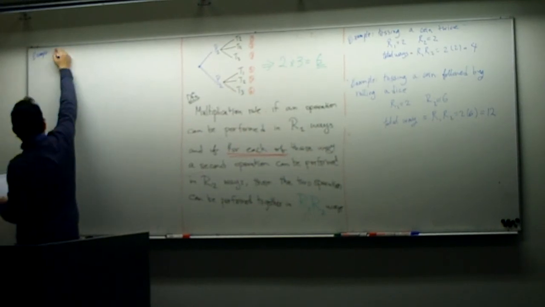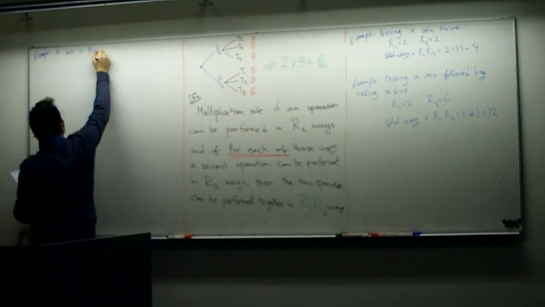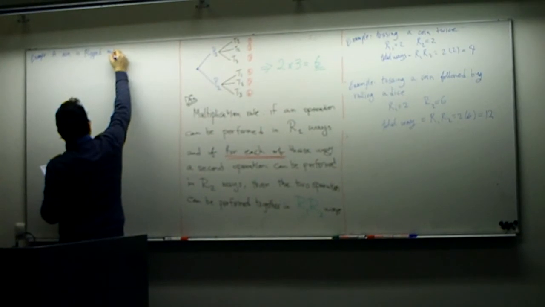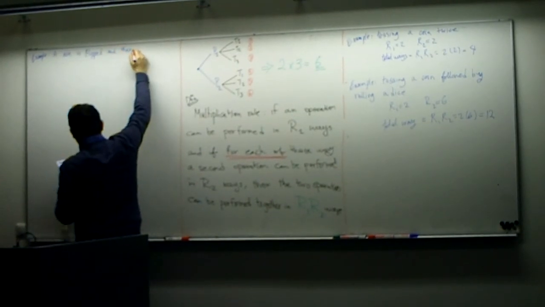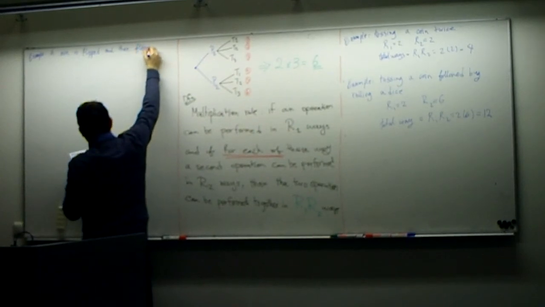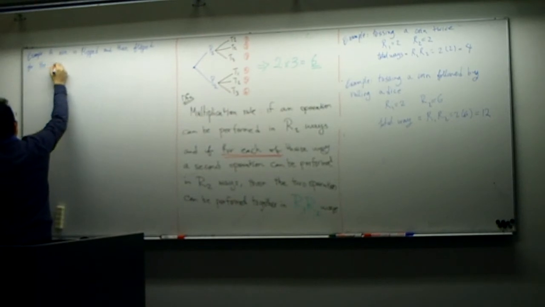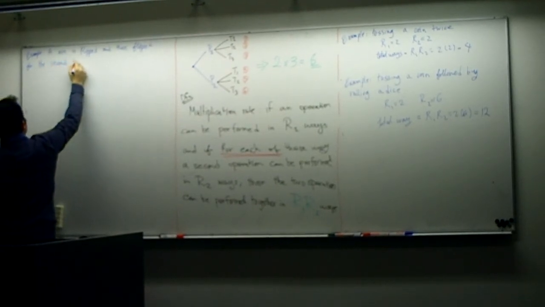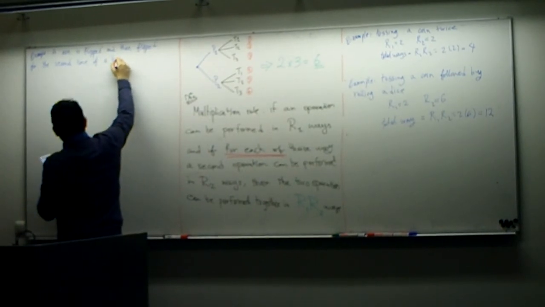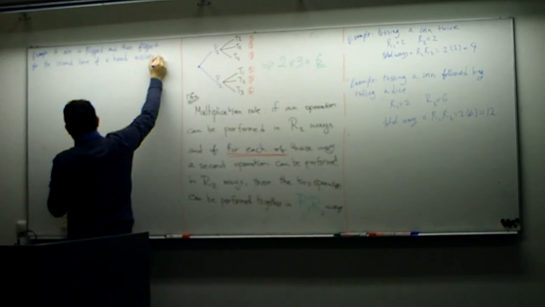A coin is flipped and then flipped for the second time if a head occurred the first time.